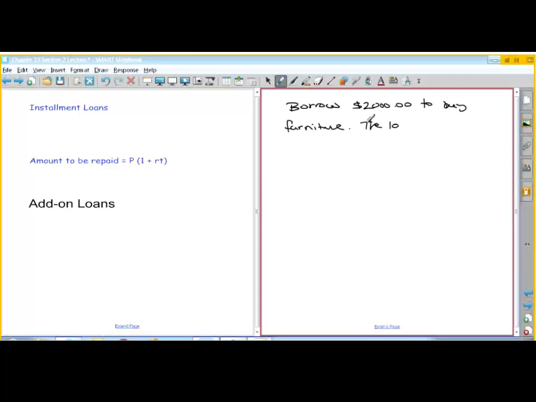The loan is at 4% interest, and the term of the loan is 3 years. And the question is, what is the monthly payment?